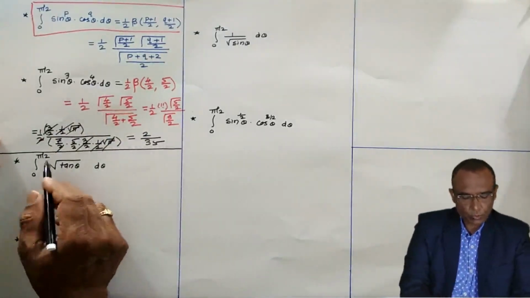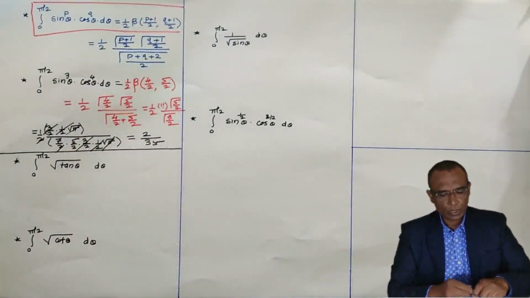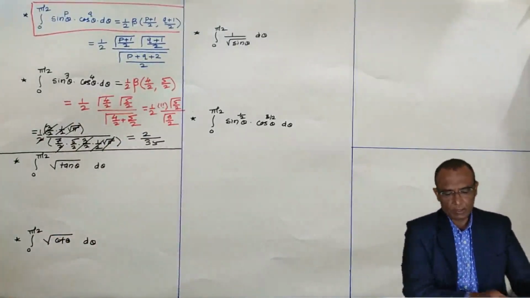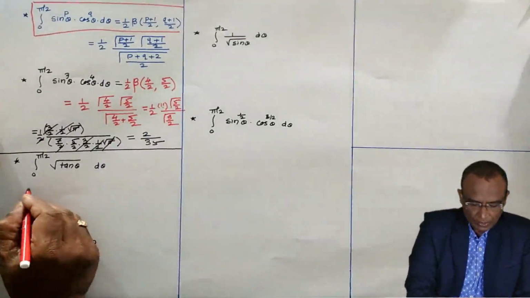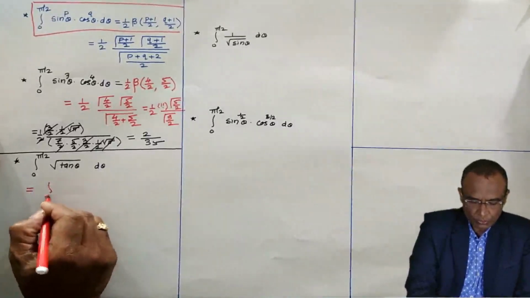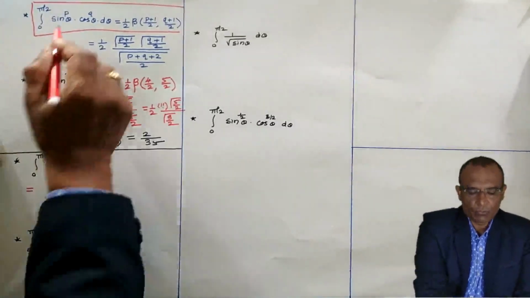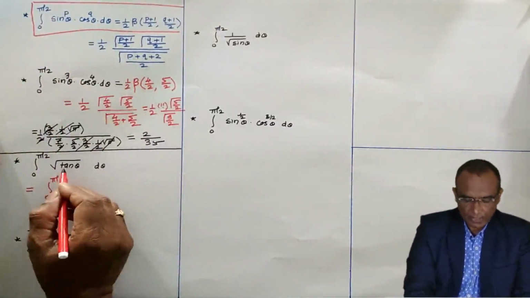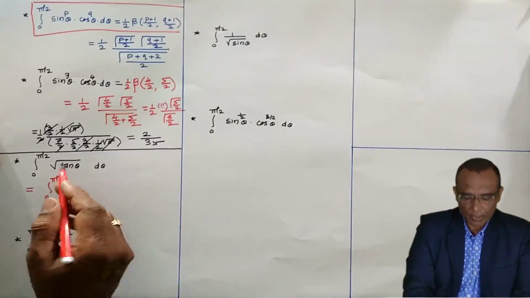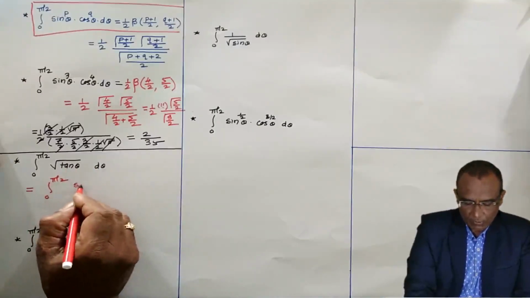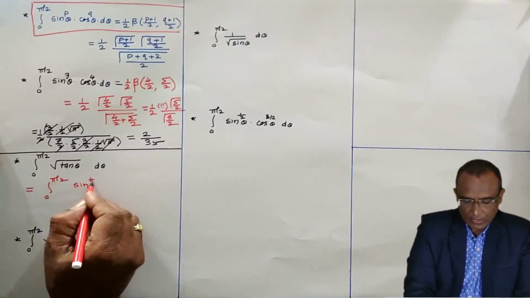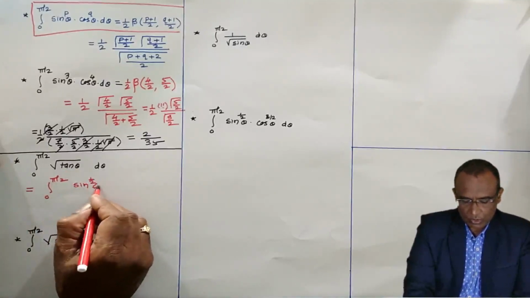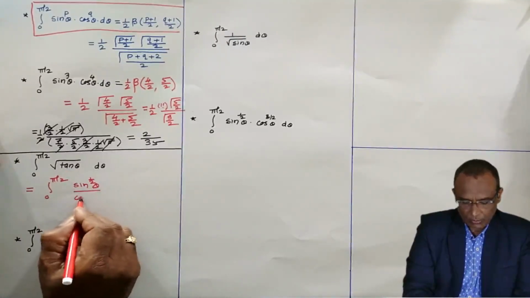Now the same thing. The integral 0 to pi by 2 of under root of tan theta. For the under root of tan theta from 0 to pi by 2, we have this formula. Under root of tan theta means tan raised to power 1 by 2, and tan raised to power 1 by 2 can be written as sin raised to power 1 by 2 and cos raised to power minus 1 by 2.